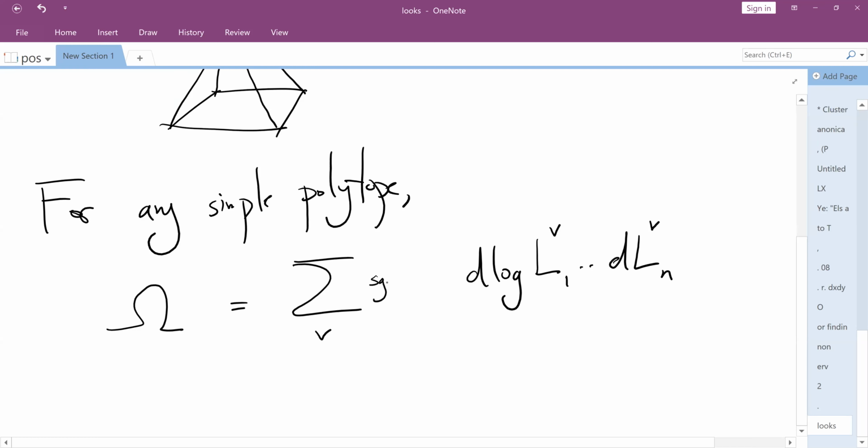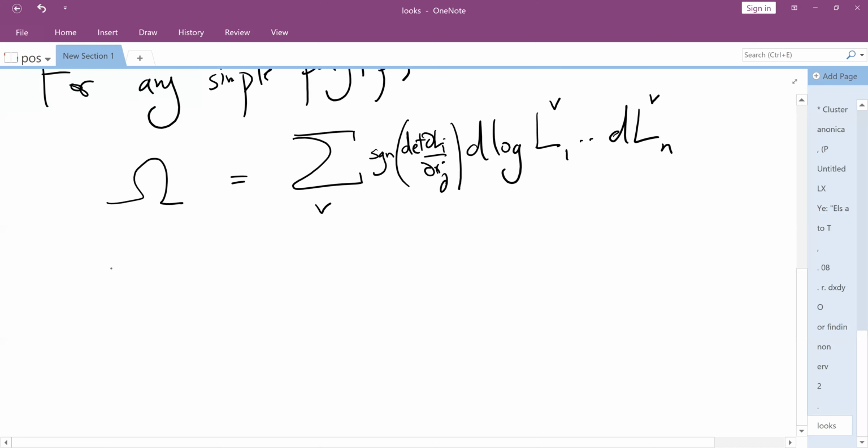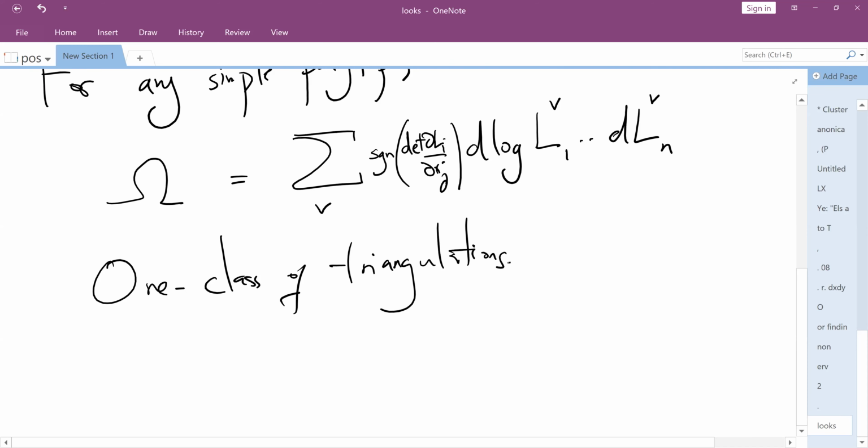It's just given by the sign of the determinant of the Jacobian of all those dLi by dxj. So this is at least one class of triangulations. There are many others, but I'm talking about this one because it will end up being the origin of Feynman diagrams when we go back to kinematic space and talk about the biadjoint theory. Okay, so that's one strategy.